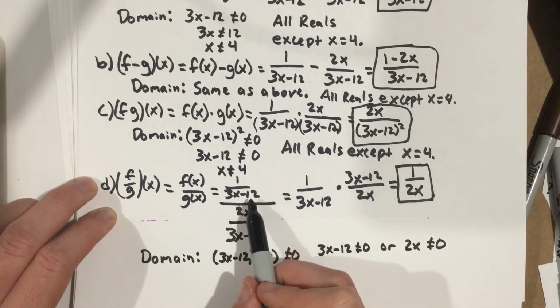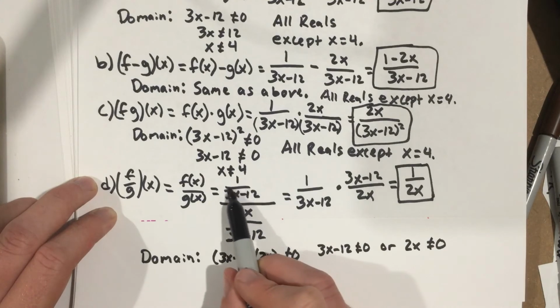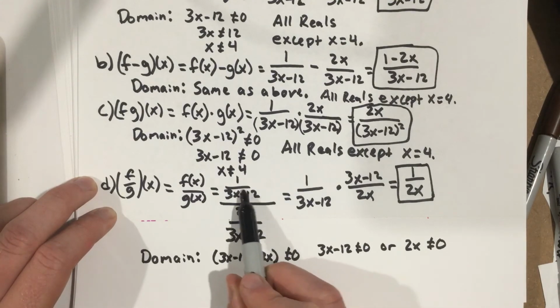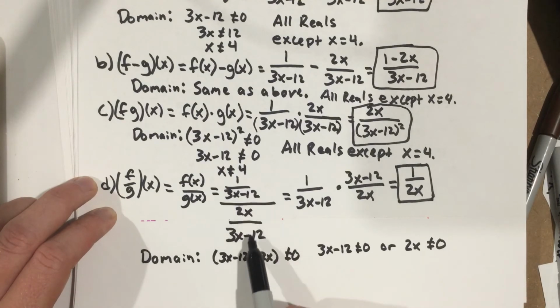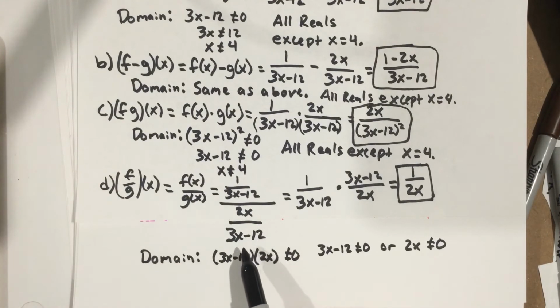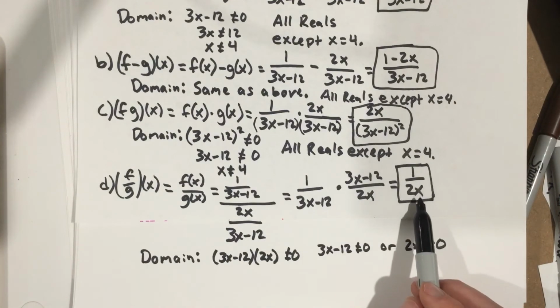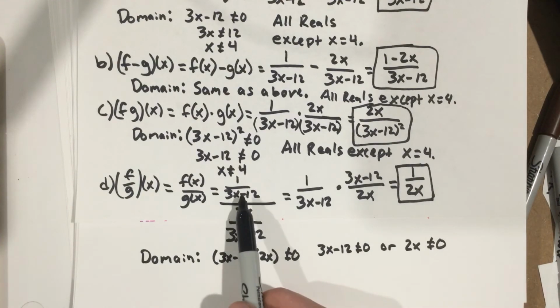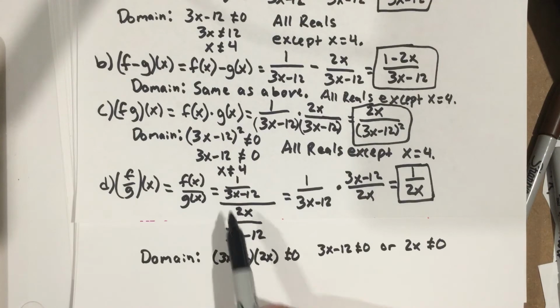And I hope you understand the reasoning for all this. The 3x minus 12, when we're doing our divisions here, right? As we went throughout and we simplified this, these 3x minus 12s, if these were 0, we couldn't do this. So that would be a huge problem. And then at the very end, we end up with 1 over 2x. So if this were 0, it'd be a problem as well. Well, what number makes this 0? Well, that's 4, and you're about to see that here.